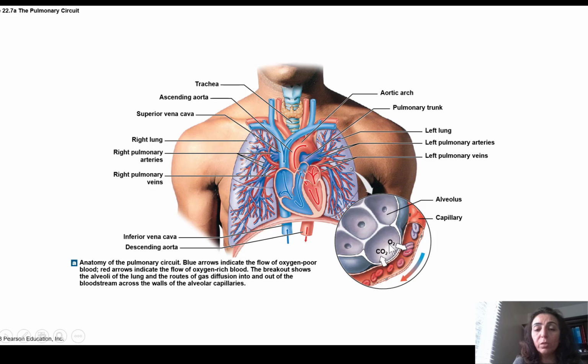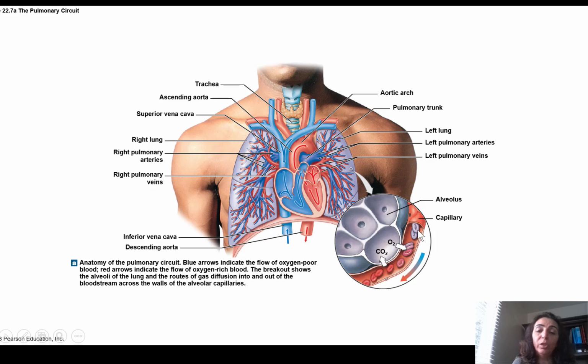So the concentration of oxygen in the alveolus is higher than the concentration of oxygen in the pulmonary capillary that is passing around that alveolus. Therefore, the oxygen moves according to diffusion, according to its concentration gradient. Oxygen moves to the pulmonary capillary.